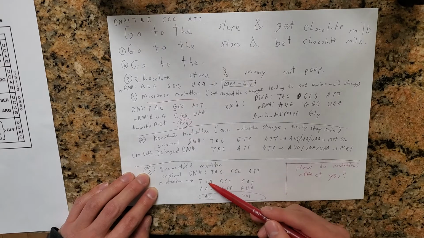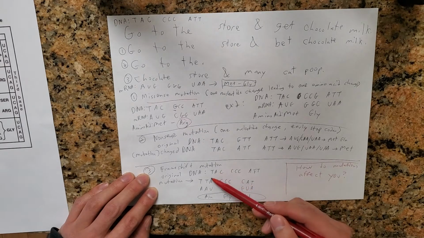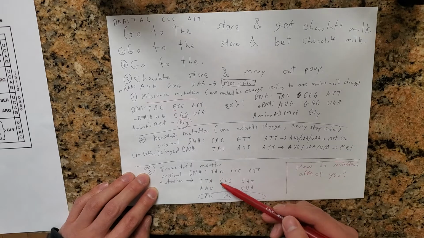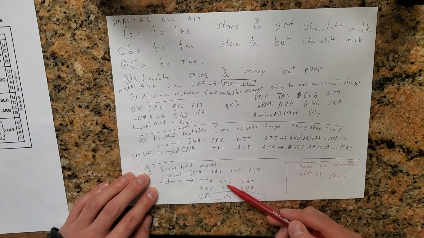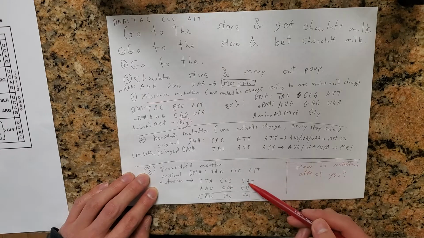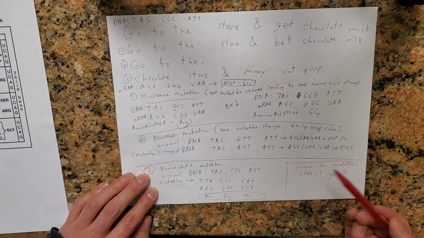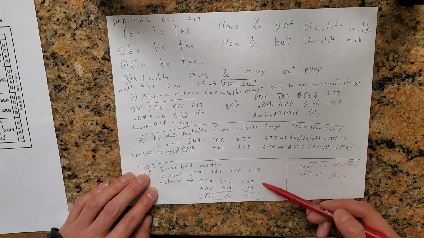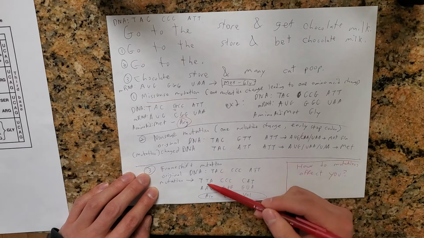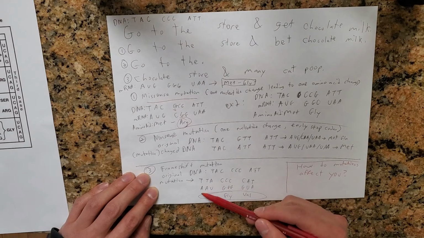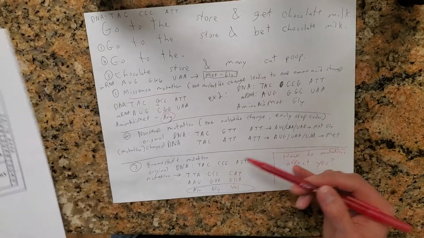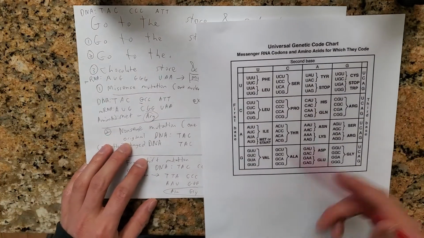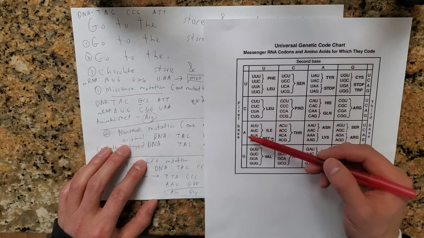As you can see, everything got shifted, right? So the TAC got moved over. Here's the TAC from before. Here's the CCC from before, and here's the AT, right? And this last T is not even counted because just one T by itself is not enough instructions. So here you have TTA, which becomes AAU, and instead of getting MET first, now AAU gets you ASN.